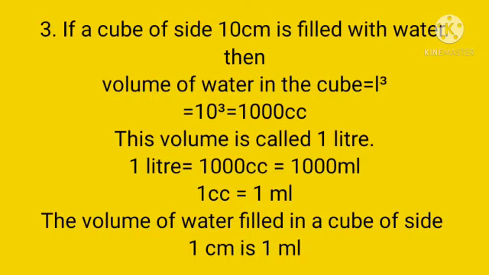This volume is called 1 liter. 1 liter is equal to 1000 cubic centimeter, which is equal to 1000 milliliter. Therefore, 1 cubic centimeter is equal to 1 milliliter. The volume of water filled in a cube of side 1 centimeter is 1 milliliter.